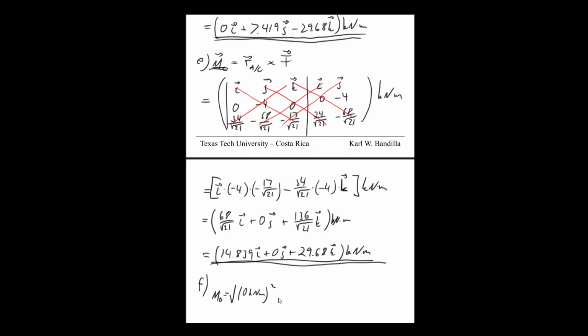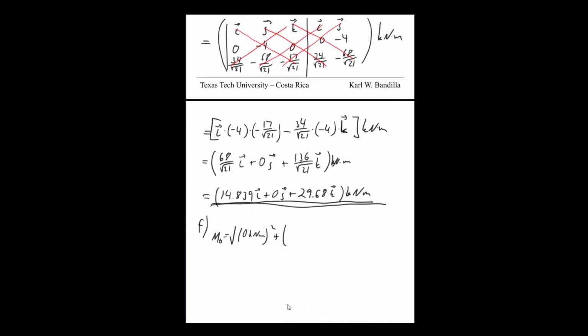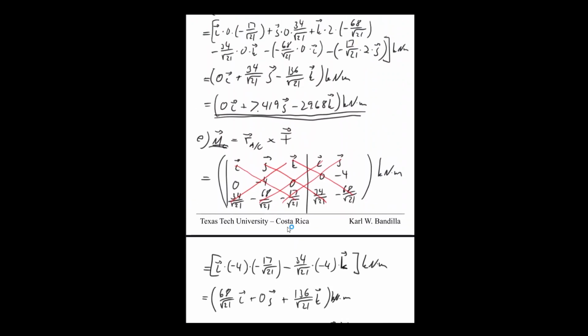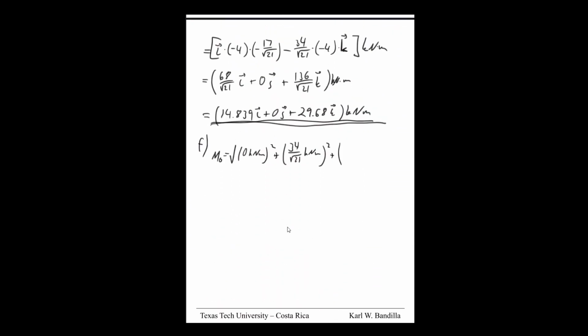No, it just does not fit if we want to use the actual values. Plus 34 over 21 kilonewton meter squared, plus minus 136 over square root of 21.